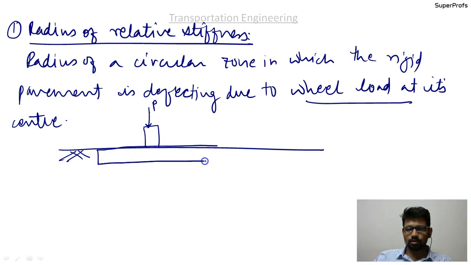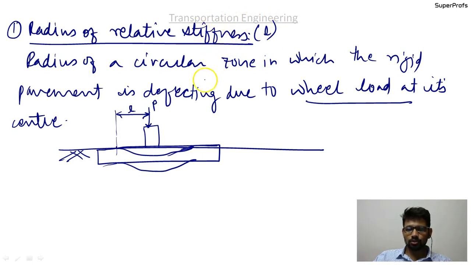The slab deflects to some extent, and the bottom edge also deflects like this. The radius up to which there exists some deflection is denoted by L, that is the radius of relative stiffness.